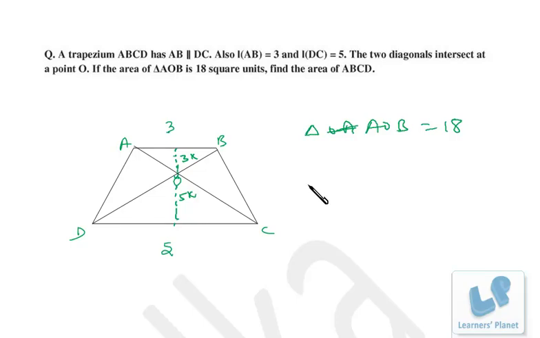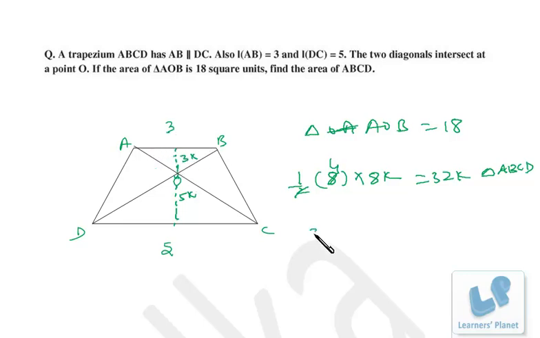Now, what will be the area of this trapezium? That is half of the sum of parallel sides, that's 8, into the distance between them, that is 8K. So that is the area of ABCD. But we don't know K, that we have to calculate. Now for this triangle, what is the area? That is half into base into altitude.